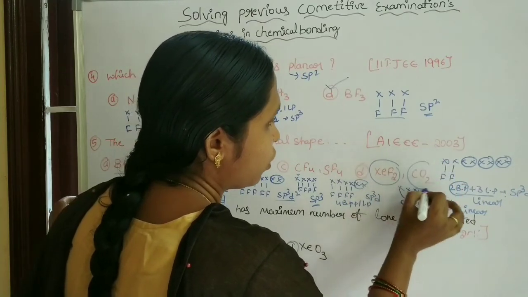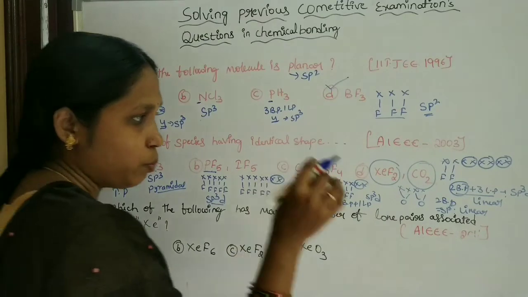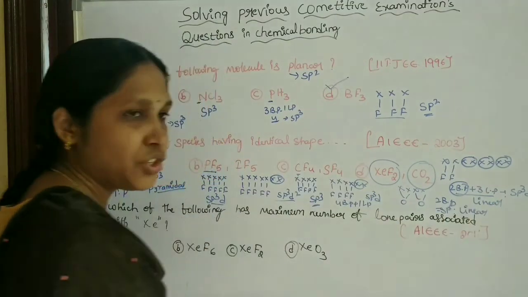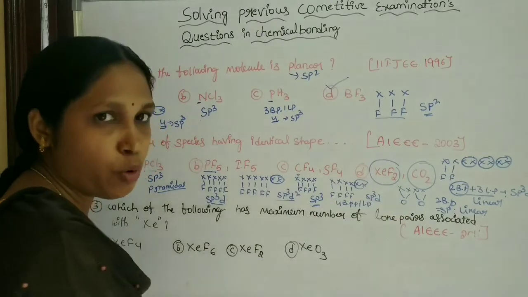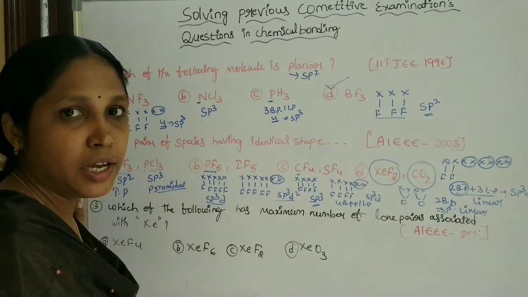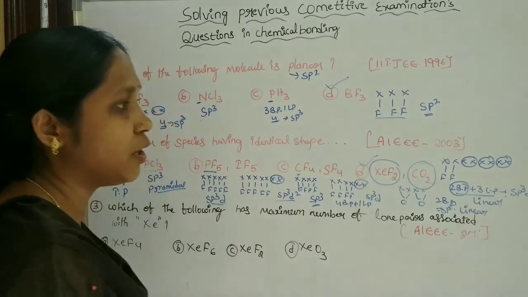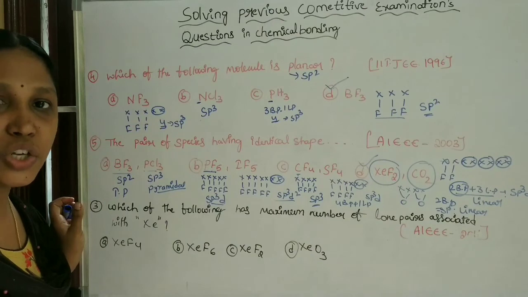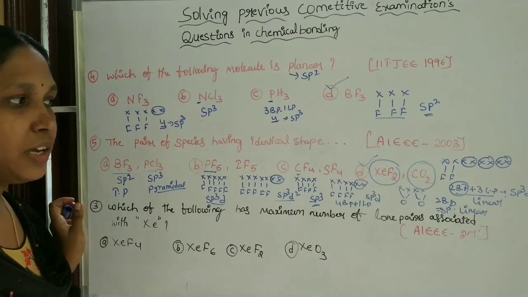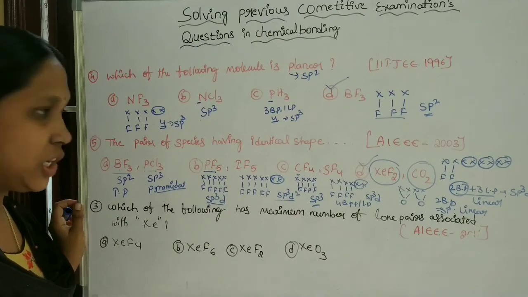XeF2 and CO2 both show different hybridization, but both show the same shape, that is linear, due to the bonding pairs. Okay. In the 4 options, option D, XeF2 and CO2 show the same shape, that is a linear shape.